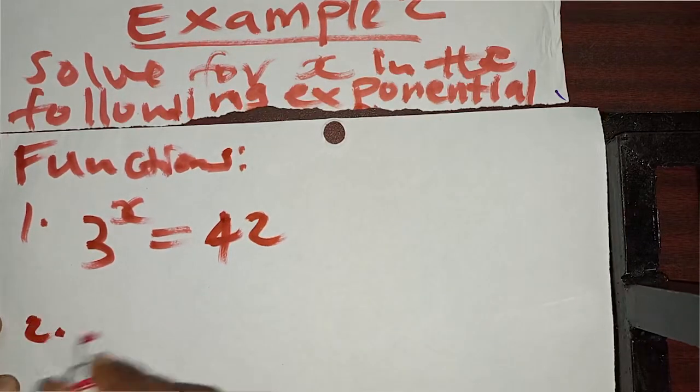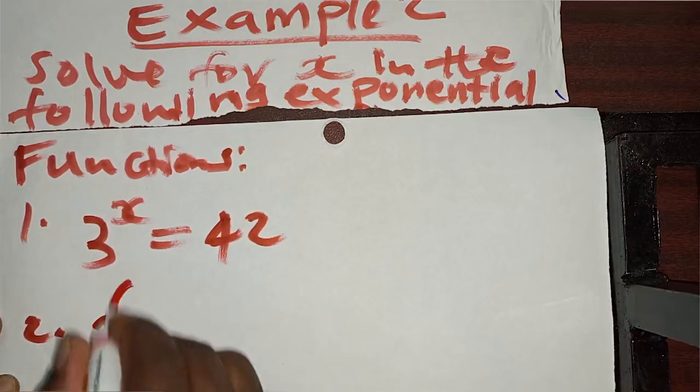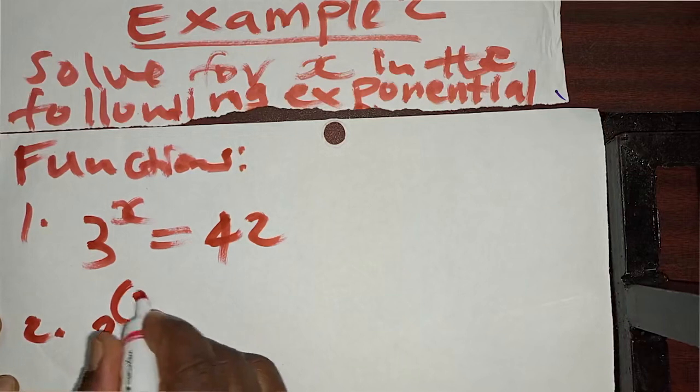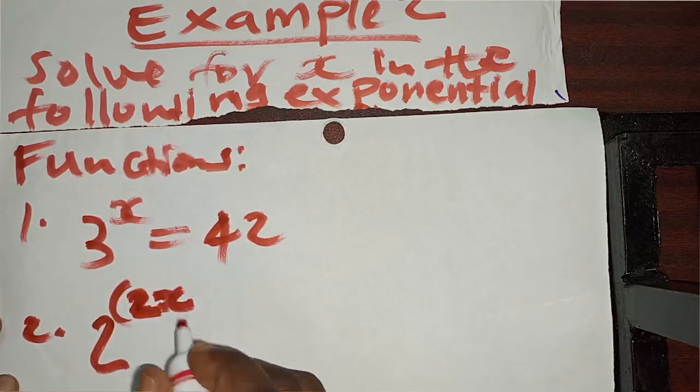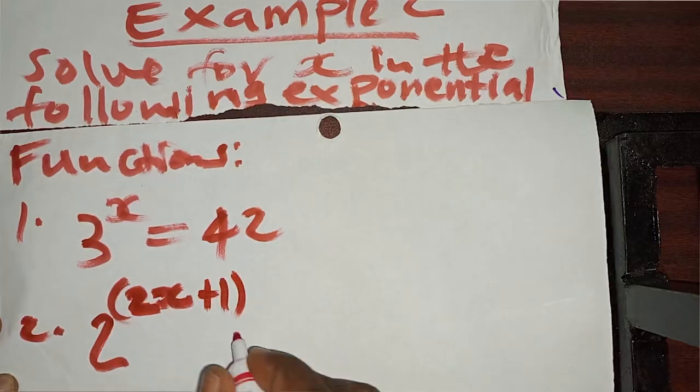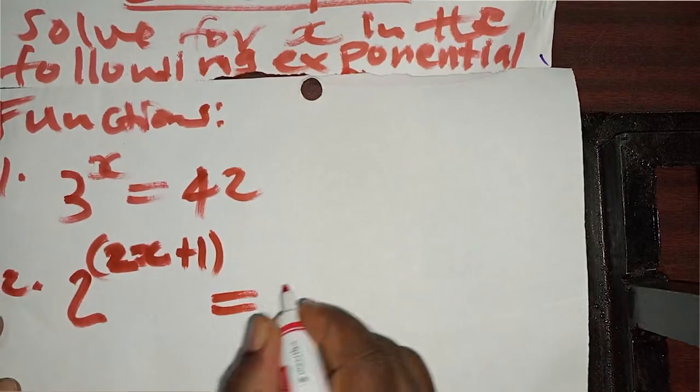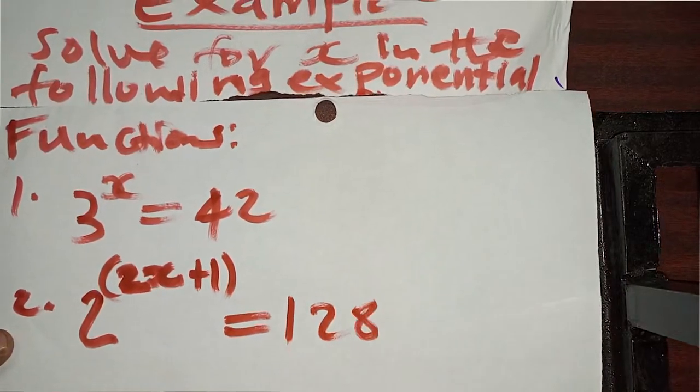Then in number 2 we have 2 to the power 2x plus 1 equals 128. Now all these are said to be exponential equations.